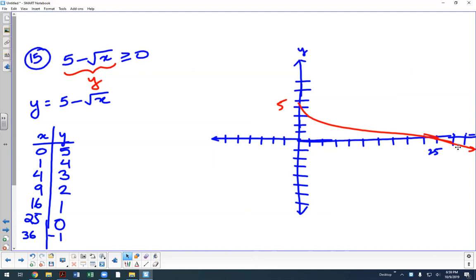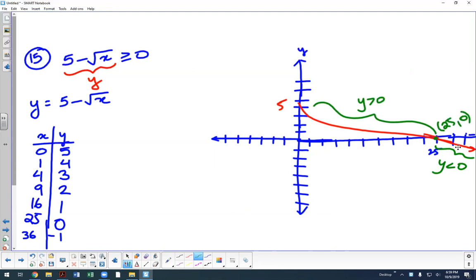Because the moment I cross 25 on my x-axis, my y values start becoming negative as that arm goes down. So from here onwards, your y values are negative. On this upper half, this portion of our graph, is where your y values are positive, and right at this point I have the x-intercept, which is 25, 0.